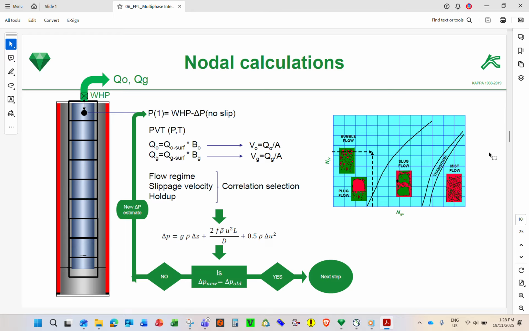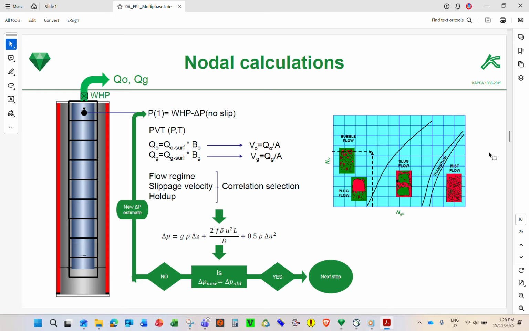So you do one by one. This one will be done per segment, per nodal, step per step. If it is okay, go into the next step. If not, then just recalculate the correct delta P. So it's an iteration.